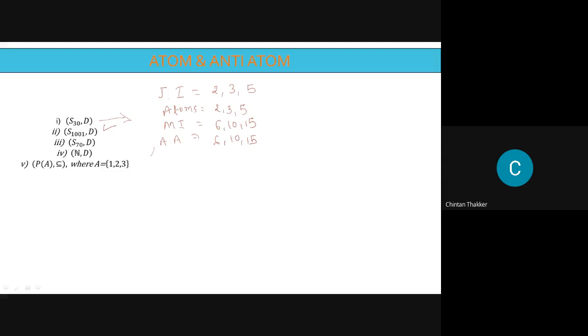Meet irreducible means only one line coming from upside. Atom means join irreducible and cover of zero element. Anti-atom means meet irreducible and has cover I element.